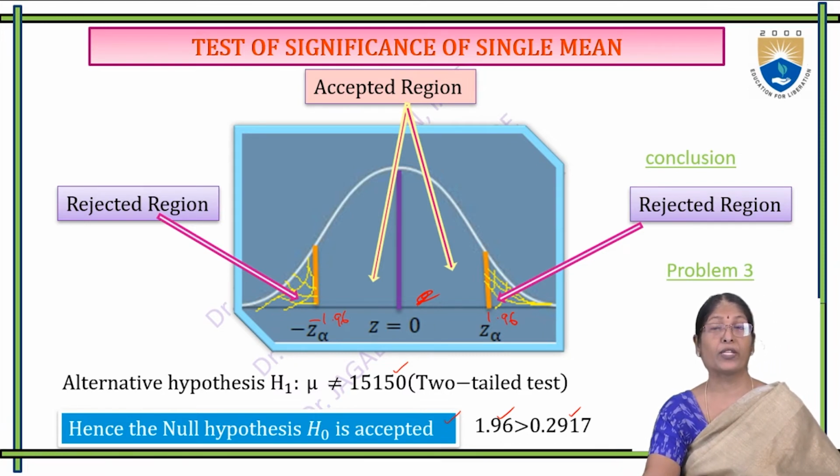The graphical representation also we have to understand. First we declared the result through the steps, and the effect in the graphical representation we are discussing through this video. So 1.96 is greater than 0.2917 and the null hypothesis H0 is accepted.